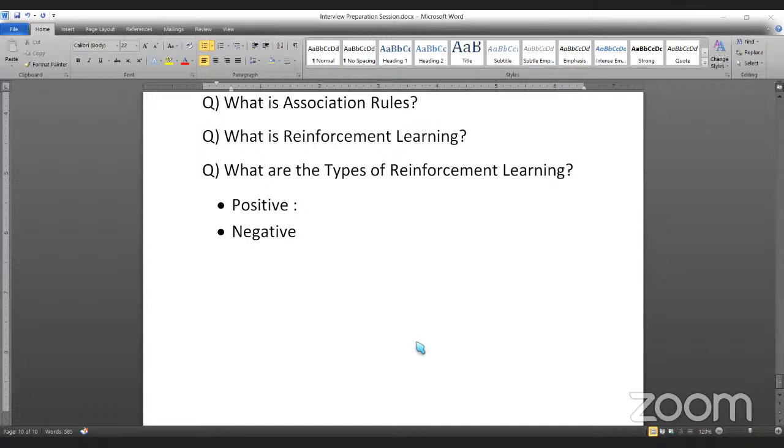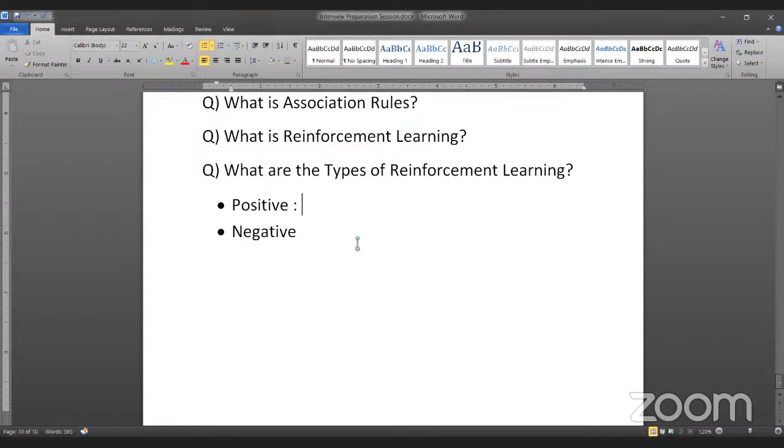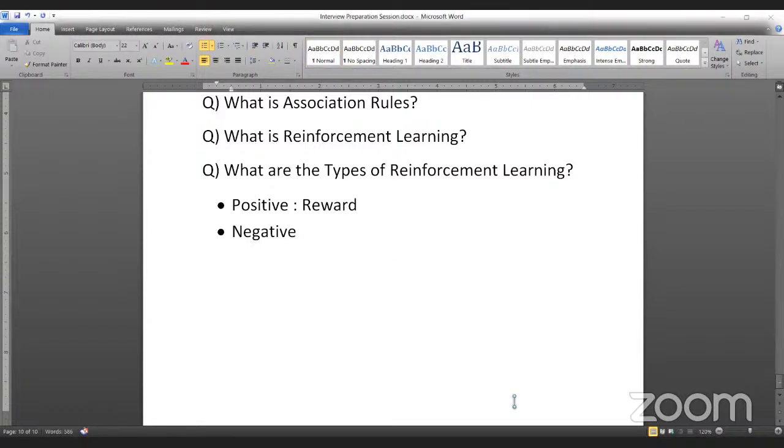So by that, the agent is motivated to go for these kinds of rewards. So this is like a reward system. And we can say this type of reinforcement helps to maximize performance and sustain change for an extended period of time.